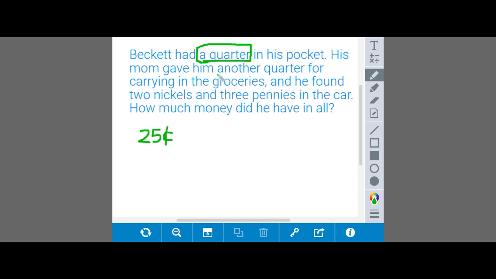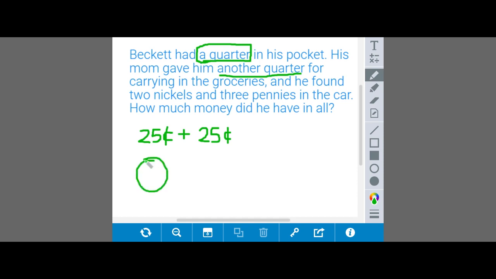But his mom gave him another quarter for carrying in the groceries. That's very helpful to mom. So I'm going to join the quarter he already had with the second quarter his mom gave him for bringing in the groceries. That's another 25 cents. Sometimes we can record the amount of the coin.